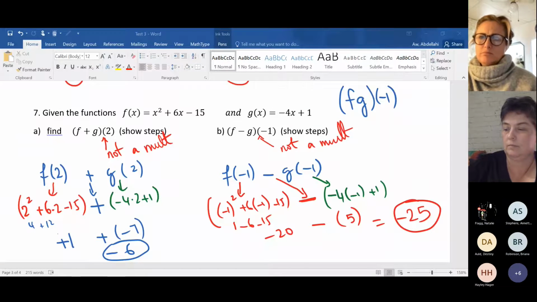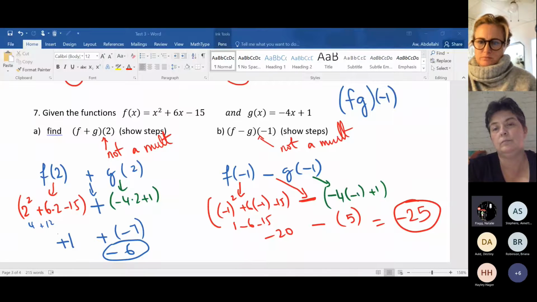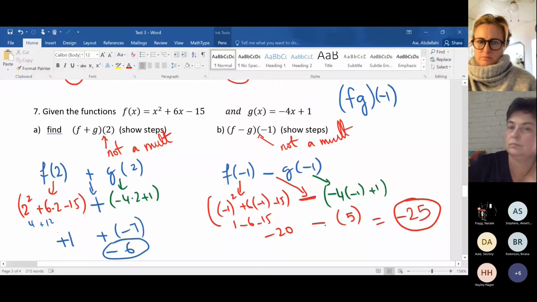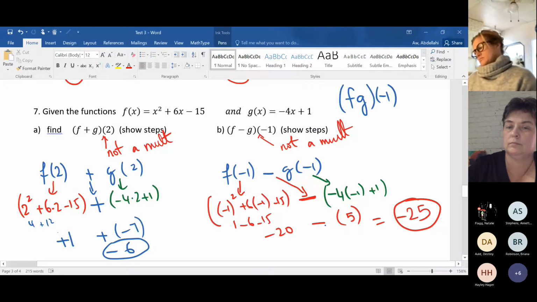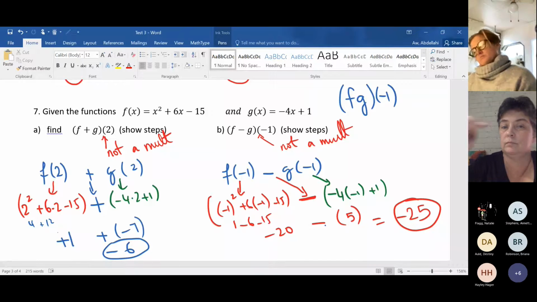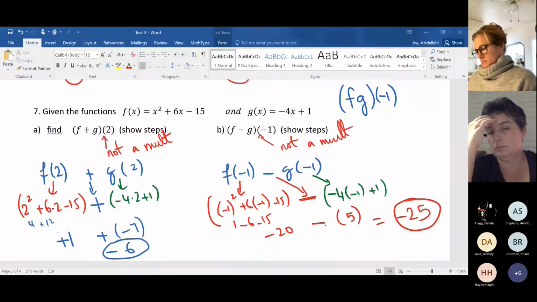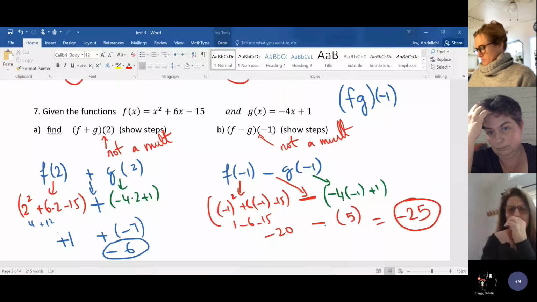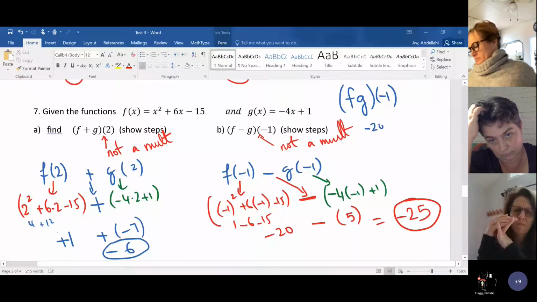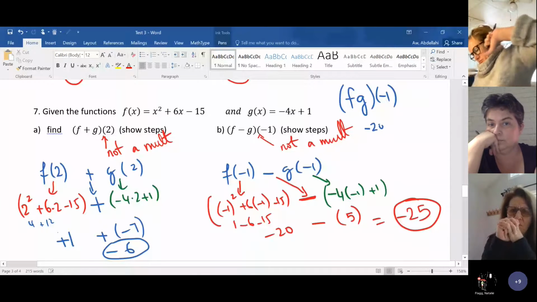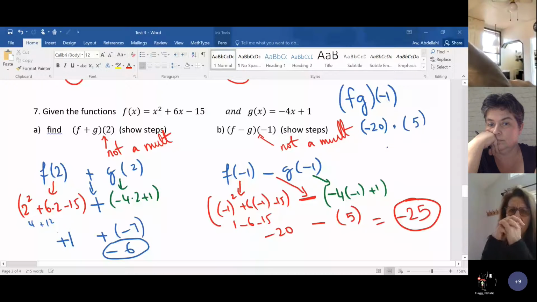Exactly. You multiply the two numbers you got. Since we already did f of -1 and g of -1, it's going to be -20 times 5, which is -100. Okay?